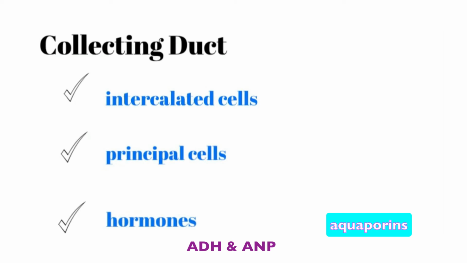So, atrial natriuretic peptide causes the secretion of sodium ions into the collecting duct, into the filtrate of the collecting duct, causing water to chase it and be eliminated from the body, creating dilute urine.